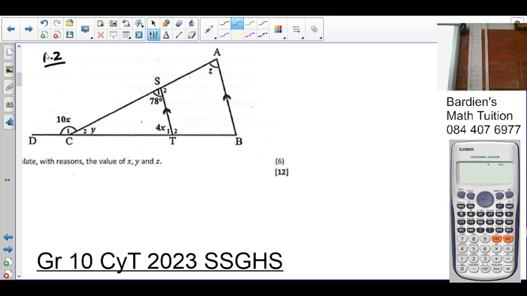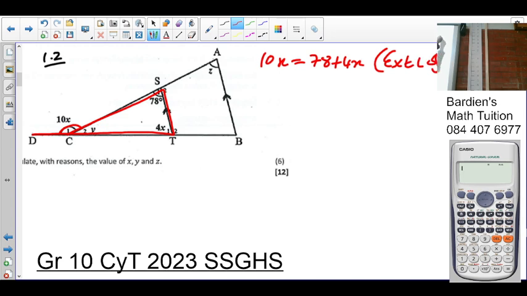So, looking at X, I can calculate X at this point. We know that the exterior angle is equal to the sum of the two interior opposites. Can you see that, people? So we're going to say that 10x is equal to 78 plus 4x. That's exterior angle of triangle STC.